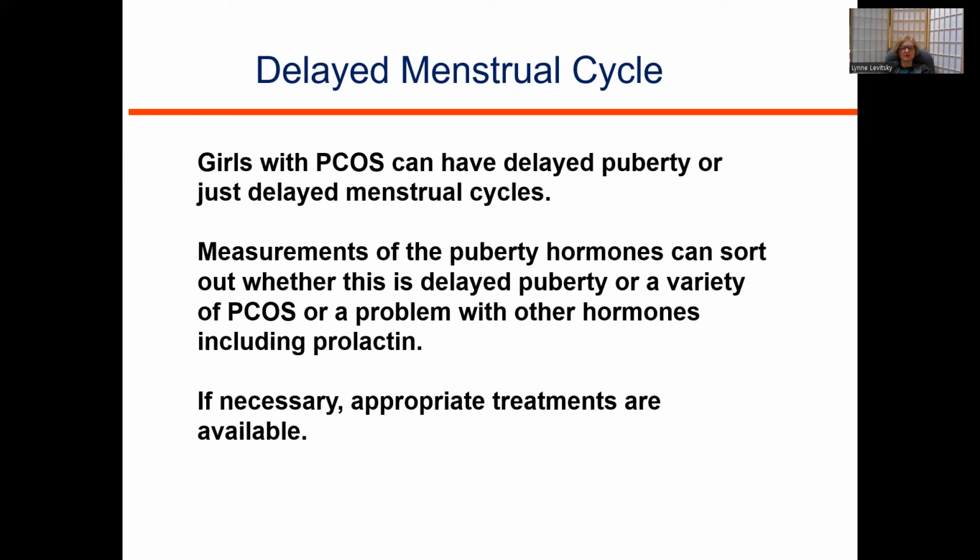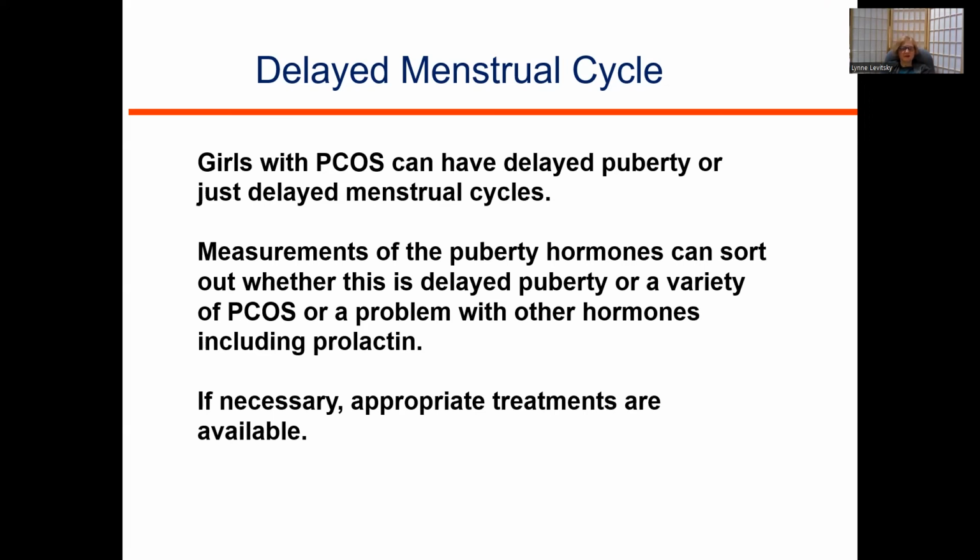But it just kept this sort of old name. What it really means is that you have slightly elevated male hormone levels that are free and active, and you have a dysregulated system.